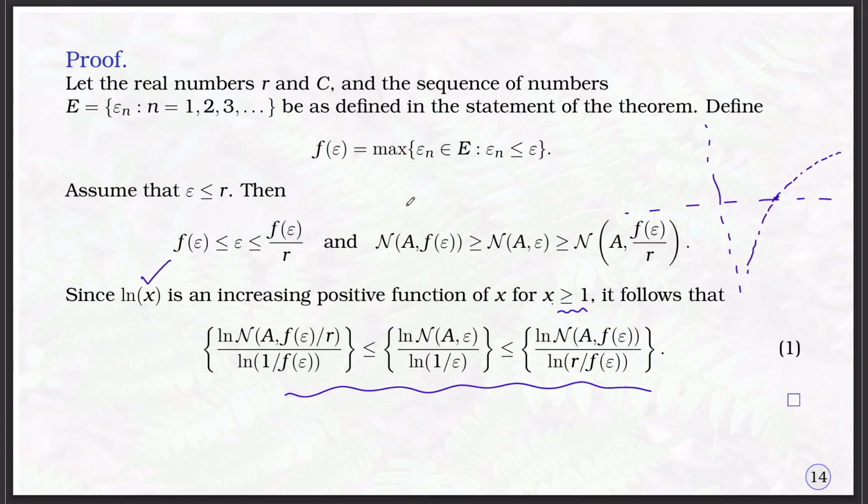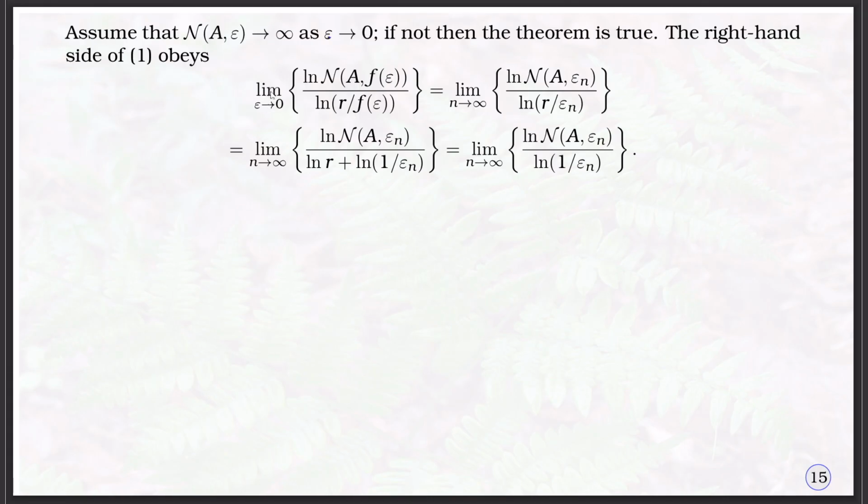The left hand side, you can see this limit as epsilon tends to 0 of log N(A, f(epsilon)) over log of r over f(epsilon) equals the limit as n tends to infinity.